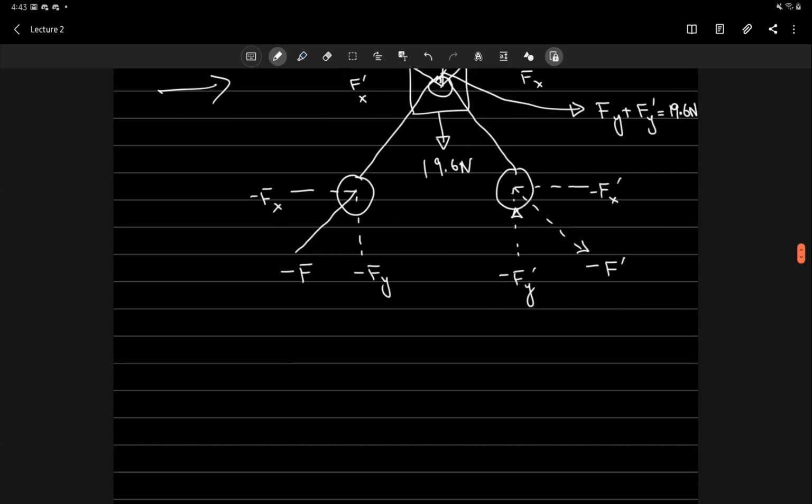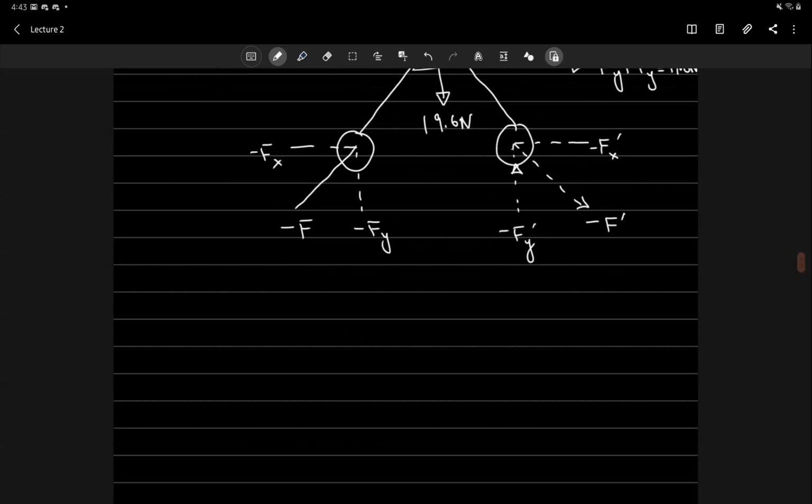Now, if I do the same thing using the horizontal projection of this force and write down the ratios in the same way as before, I would have Fx to the vertical, but this time we know the vertical is not 19.6. It is actually half of it, 9.8. And this ratio, because of the similar triangles, is equal to 0.3 over 0.4.